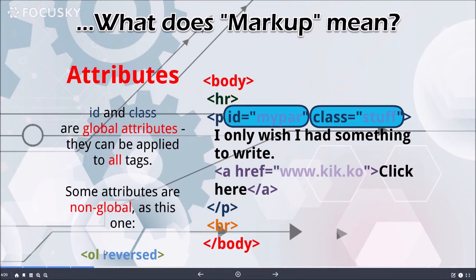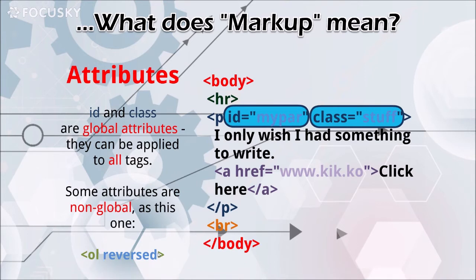And mind that it is a Boolean attribute. You just write the name of the attribute without anything else following, whereas in normal attributes we have the name of the attribute equal and a string of text between a couple of quotation marks.